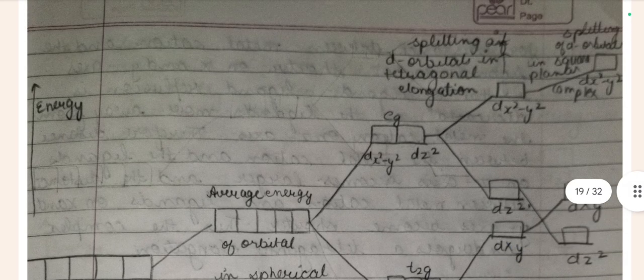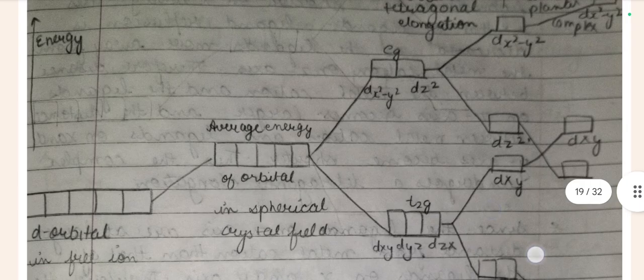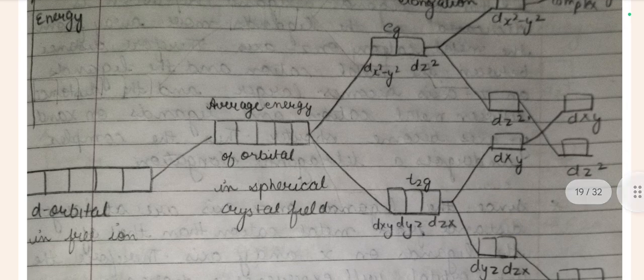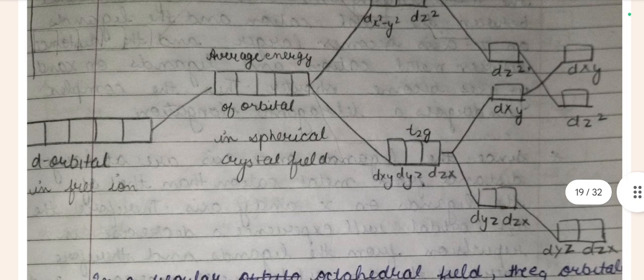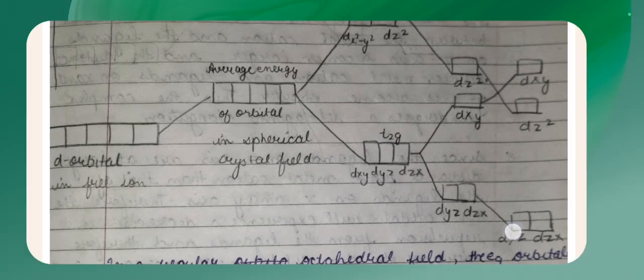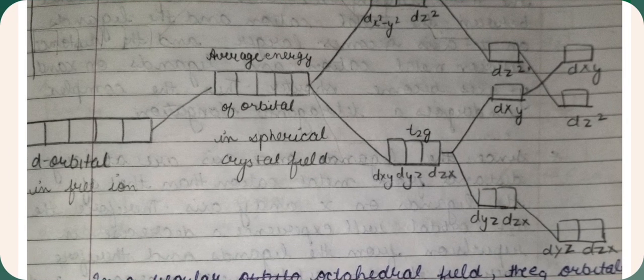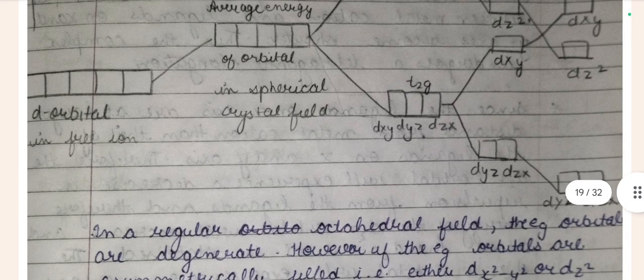Then splitting of d orbital in tetragonal elongation: higher energy of dx square minus y square and lower energy of dz square, and then higher energy of orbital dxy and lower energy of dyz and dzx.